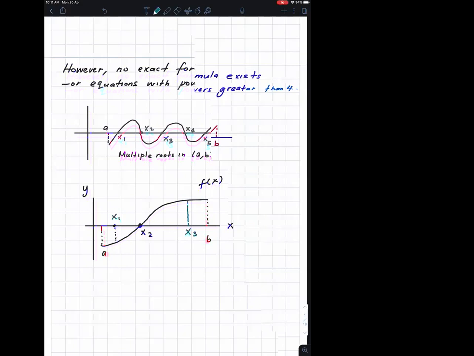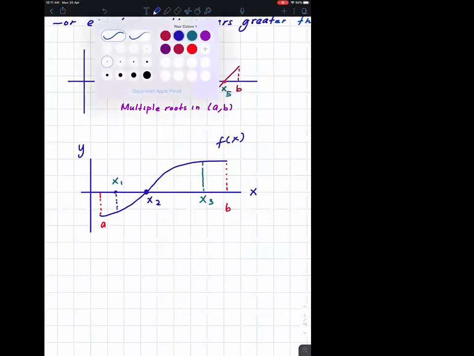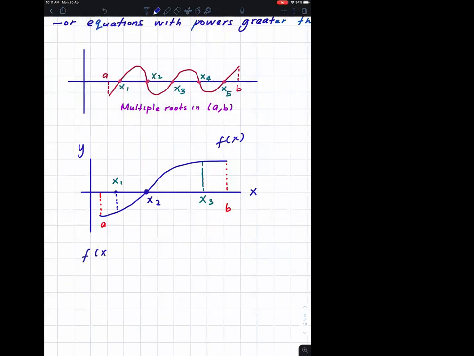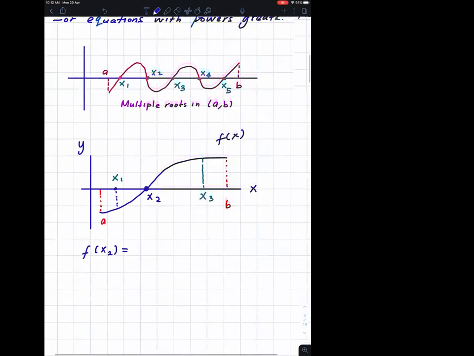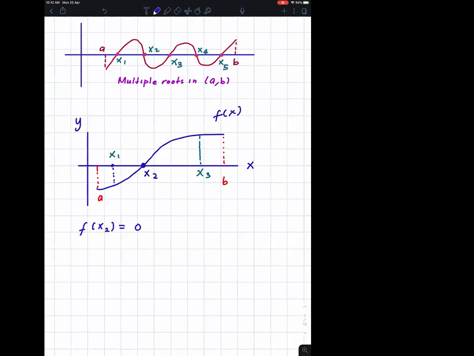So you can note here, if x2 is the root, then if you plug x2 into the equation, you'll end up getting 0. So this means x2 is the root of f(x). Okay?